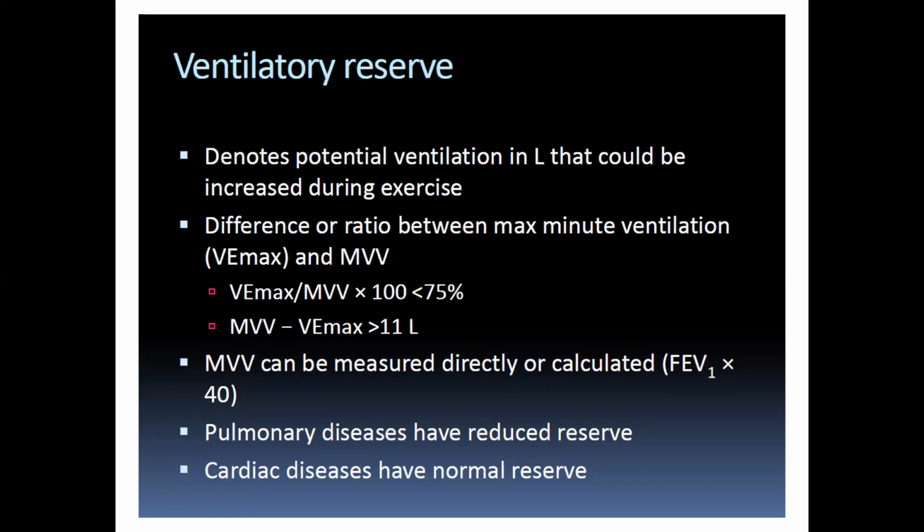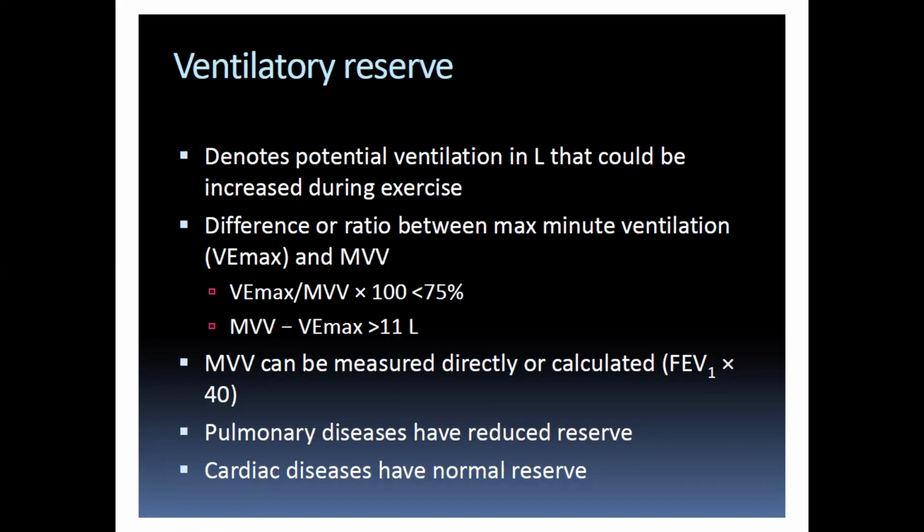They do FEV1, FVC, and you can use your FEV1, your forced exhaled volume in 1 second, times 40 to calculate the maximum voluntary ventilation. This means that if you really push the patient to their limit, that is the maximum amount of ventilation they could do. Or, if you don't want to estimate it as FEV1 times 40, you can actually measure it.